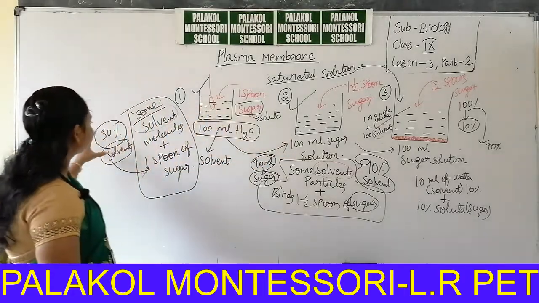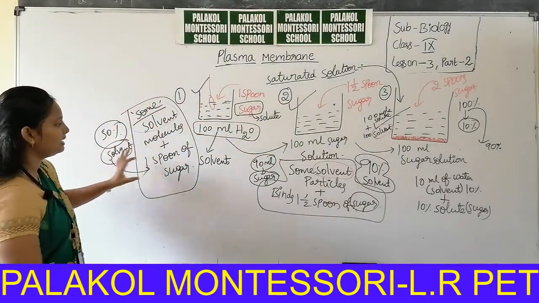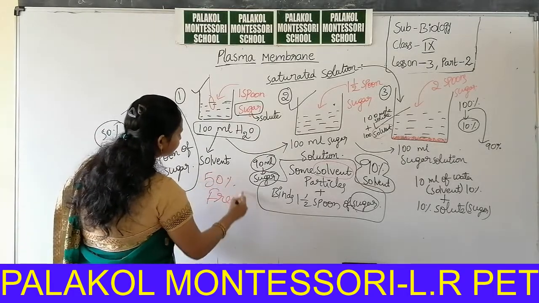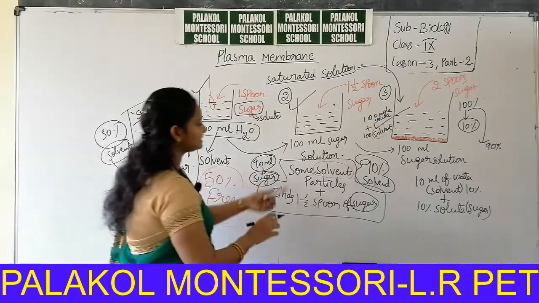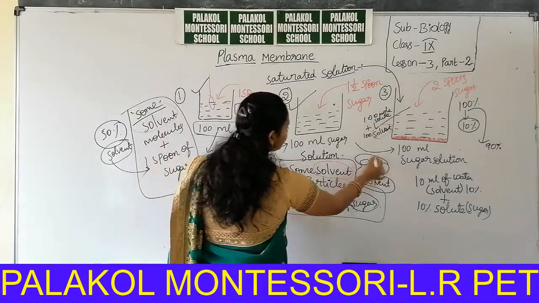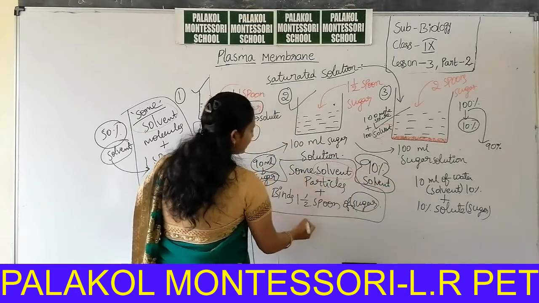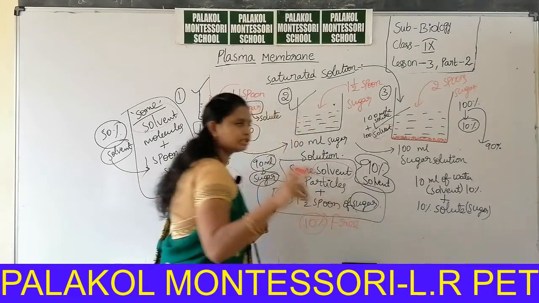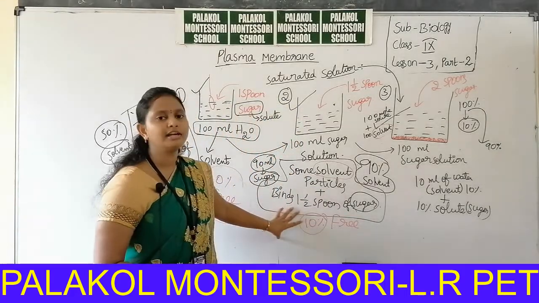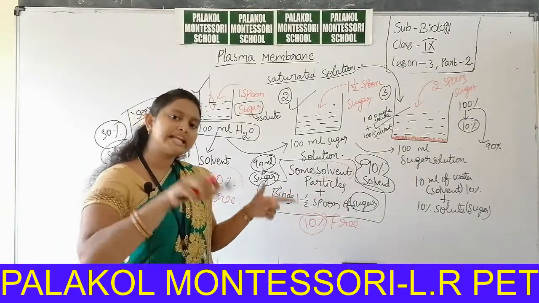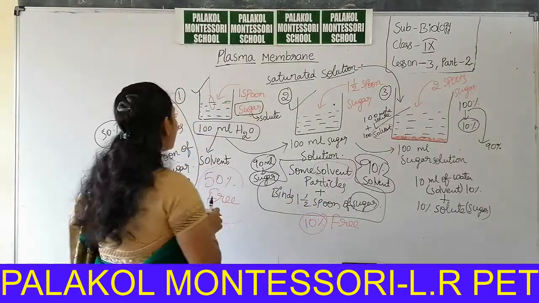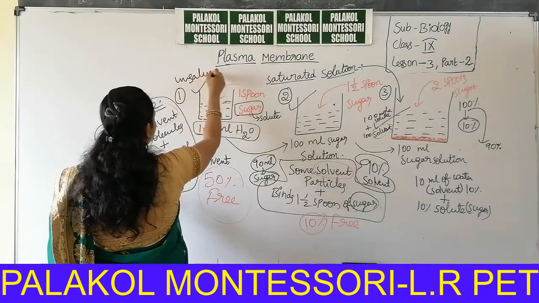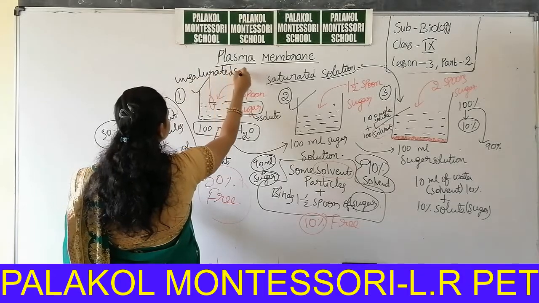In this solution only 50% of solvent molecules are bound, and the remaining 50% is free. In this case, 90% of the solvent is bound and only 10% is free. The solutions in which free solvent molecules are present are called unsaturated solutions.